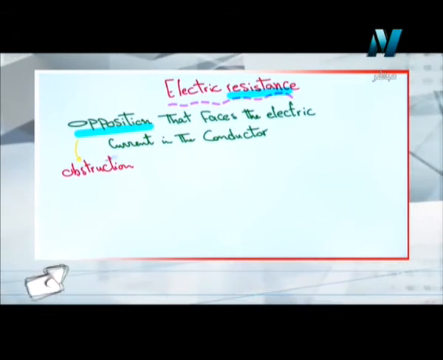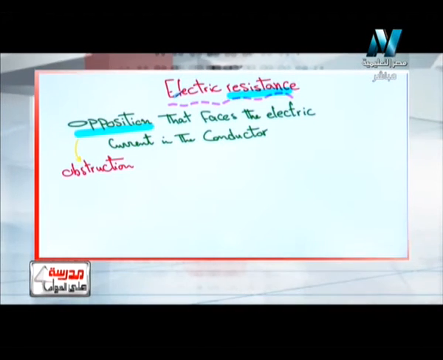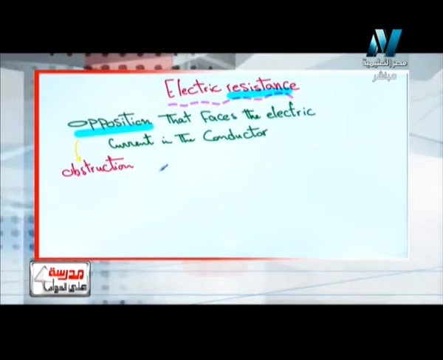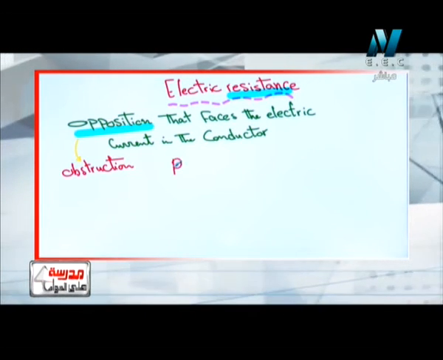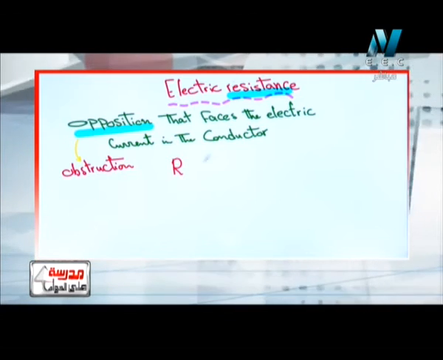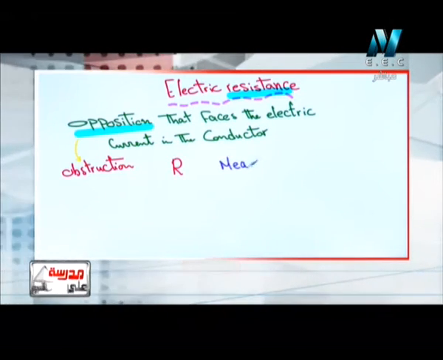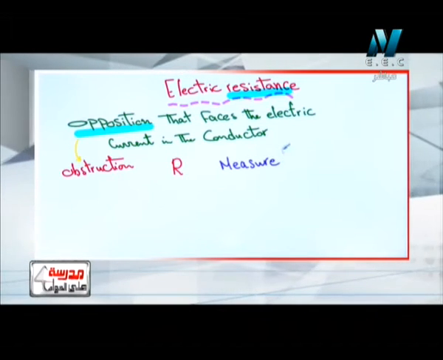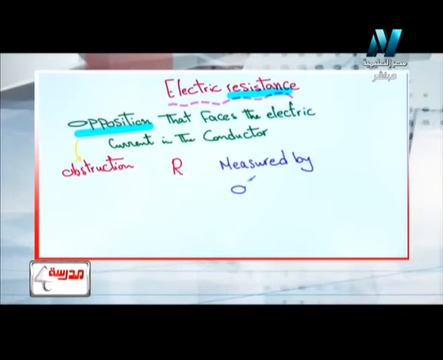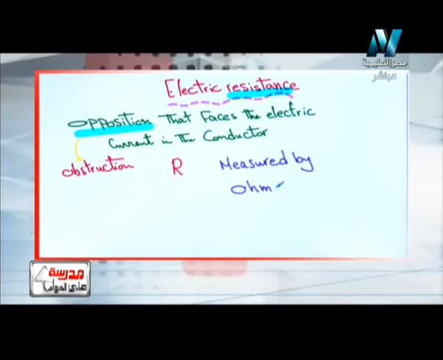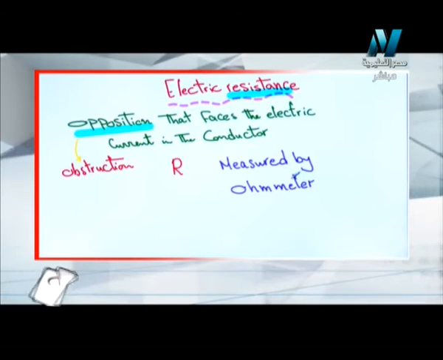At the same time, we should know the factors affecting the electric resistance. Electric resistance has the symbol R and is measured by the ohm meter, a device used to measure the electric resistance.